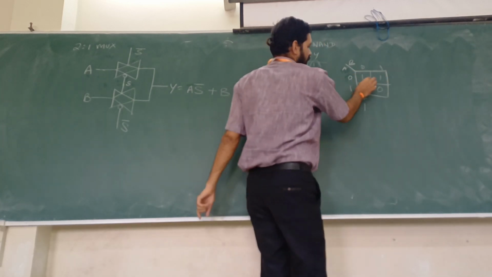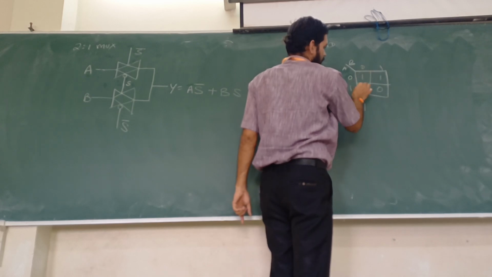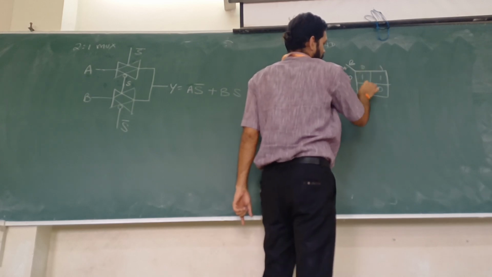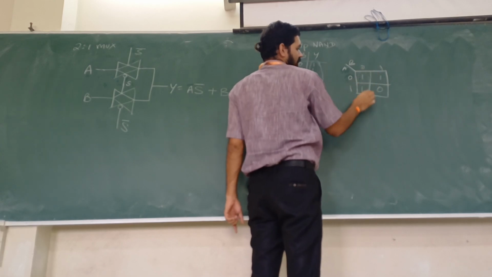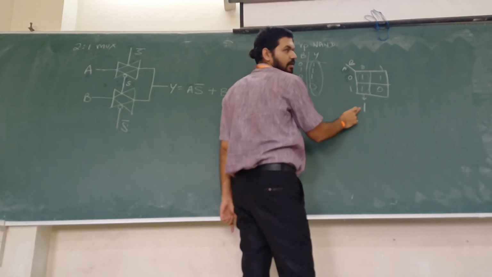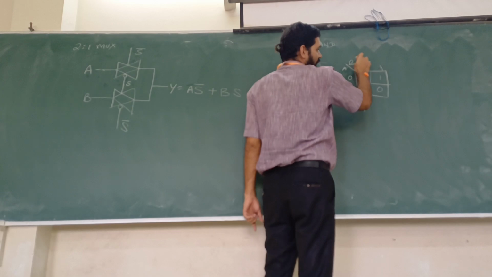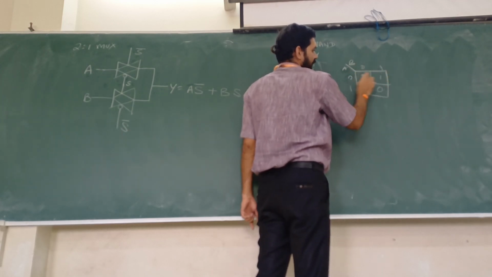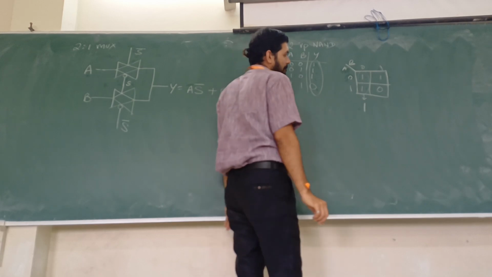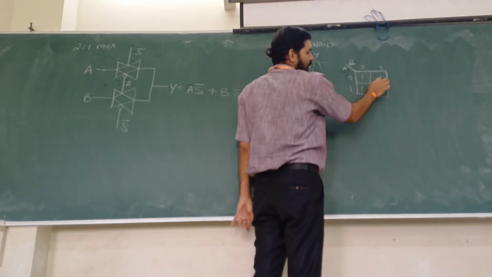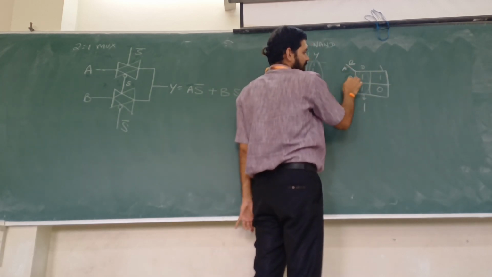Look at this. When B is 0, I'll get 1 here. When B is 1, the output is 1 when A is 0.